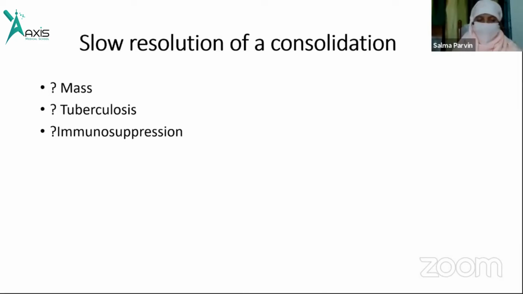We need to have a second X-ray 2 weeks later, and we have to compare the next X-ray with the previous one. Whether it is a mass, tuberculosis, or a state of immunosuppression, the slow resolution of consolidation is a very important part of the study of a pulmonary mass to be declared.